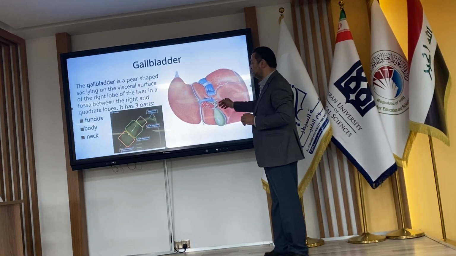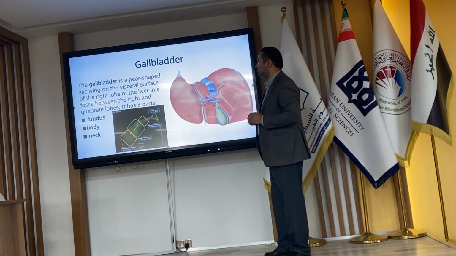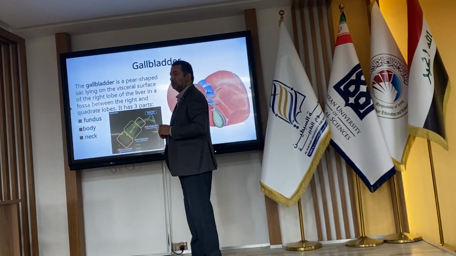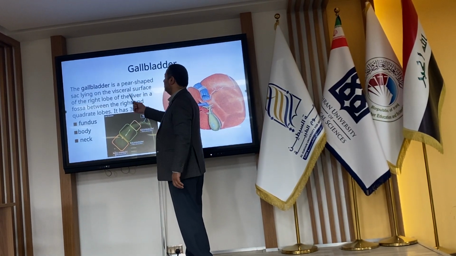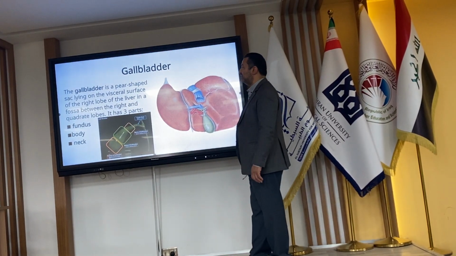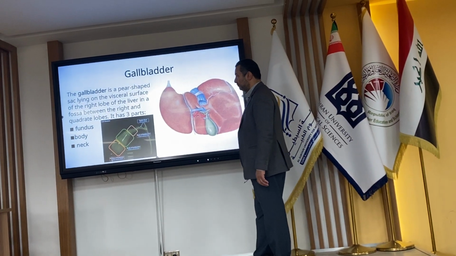You see here, this is gallbladder. Gallbladder is a pear-shaped sac, lying on the visceral surface of the right lobe of the liver in a fossa between the right lobe and quadrate lobe.